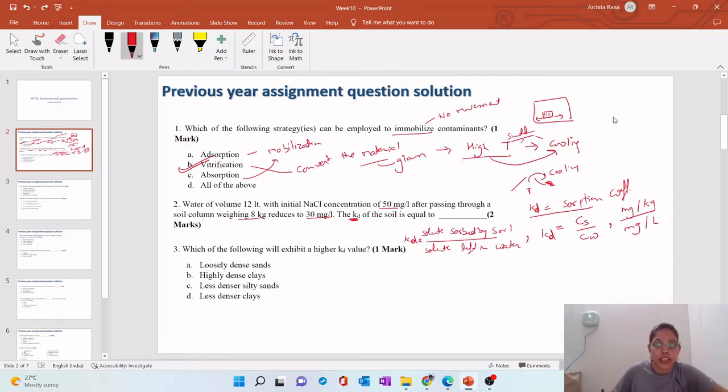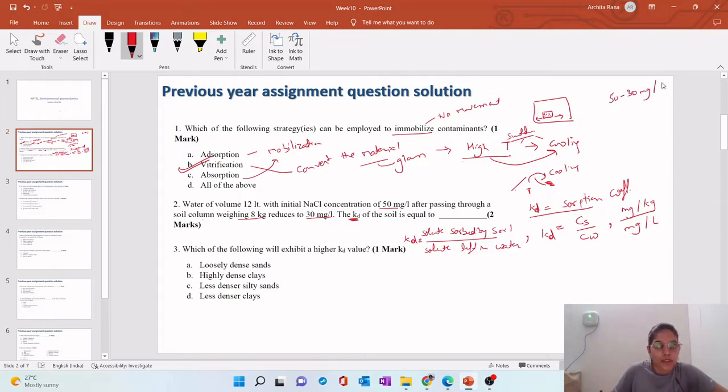So in this case, if the initial concentration of NaCl is 50 mg and after passing it turns to 30 mg, then how much is sorbed by the soil? 50 minus 30 mg.